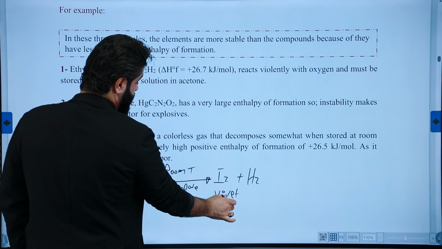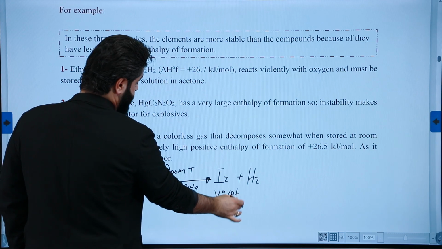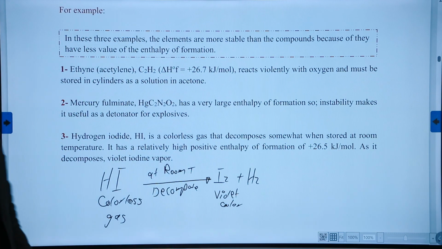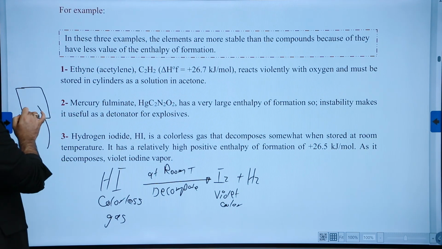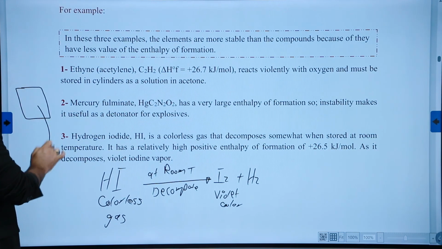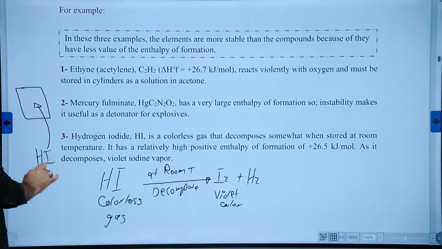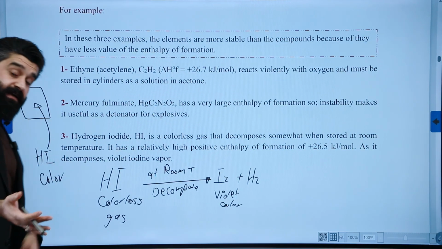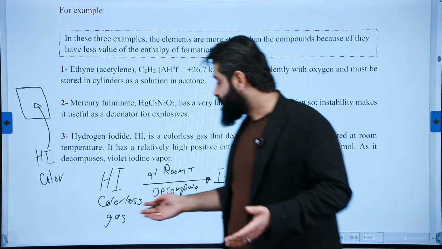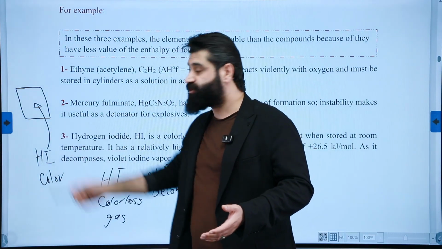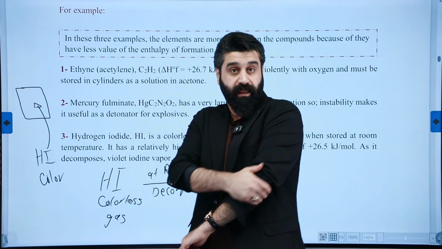HI is a colorless gas, but suddenly it changes to a violet gas. Why?